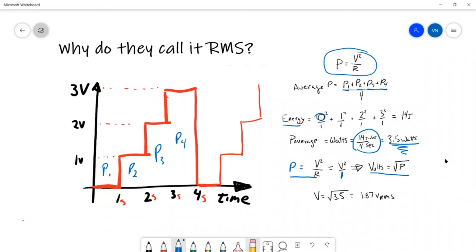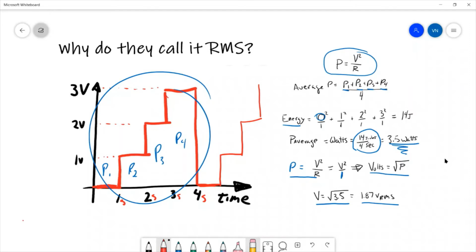So the voltage would be the root of 3.5, which would come out to 1.87 volts RMS. So 1.87 volts DC would deliver the same amount of power to a 1 ohm resistor as this time varying waveform. So we say this time varying waveform has 1.87 volts RMS.